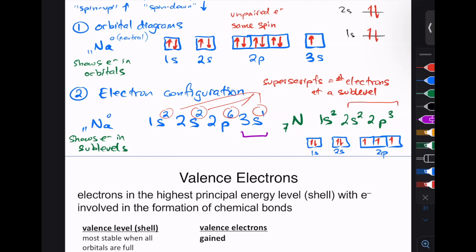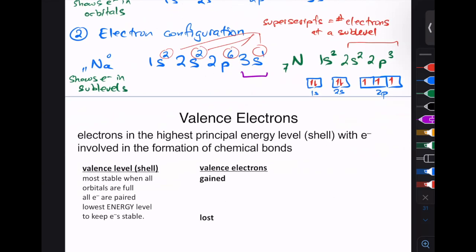And you can read that directly off of the electron configuration. You don't need to count the arrows in the boxes. So it's really important to focus on that. The valence electrons are those that are in the highest principal energy level.